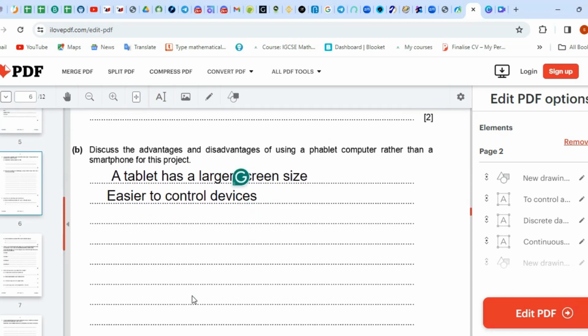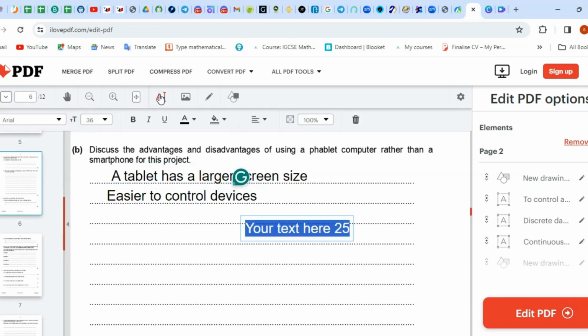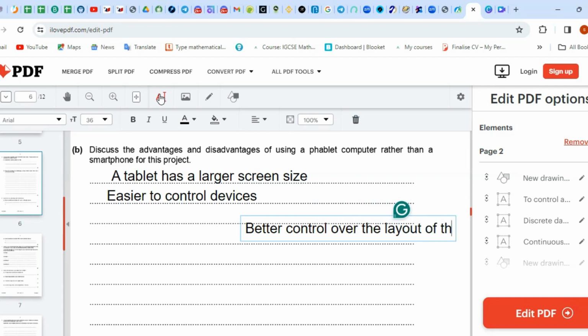Let's have one more advantage. You have better control over the layout of the screen. What do I call it? Better control over the layout of the screen.